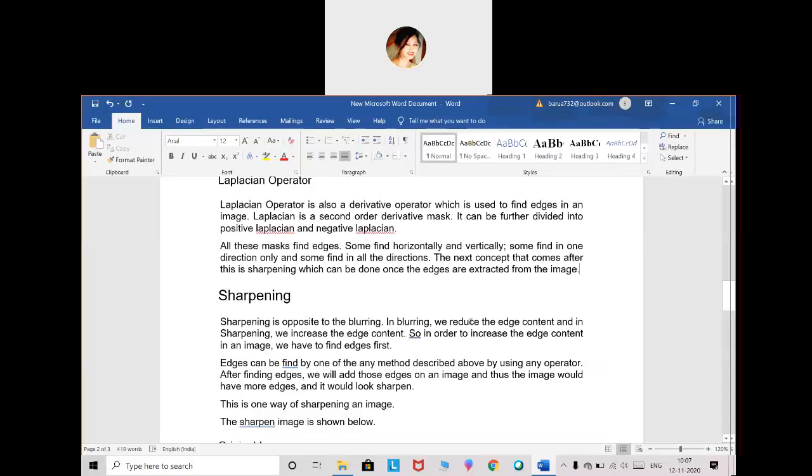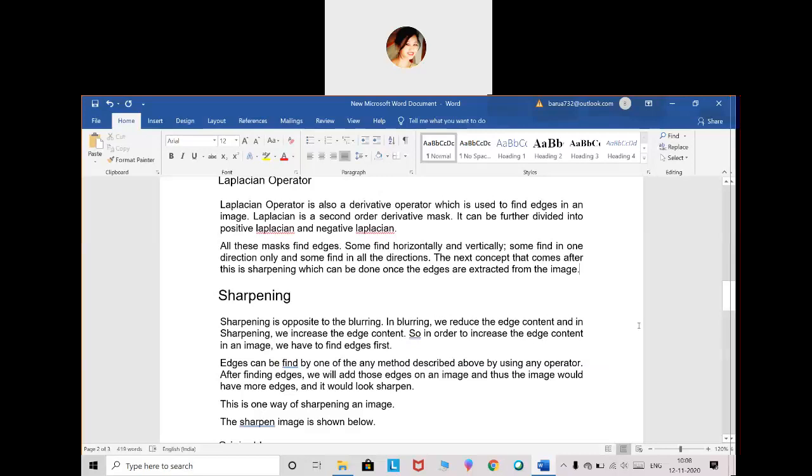In blurring we reduce the edge content, and in sharpening we increase the edge content. Blurring reduces the edge content, that is, the edge of the image is not clearly visible. In sharpening we increase the edge content, that is, we are enhancing the edge of the image to make it more visible, right? So in order to increase the edge content in an image, we have to find the edges first.